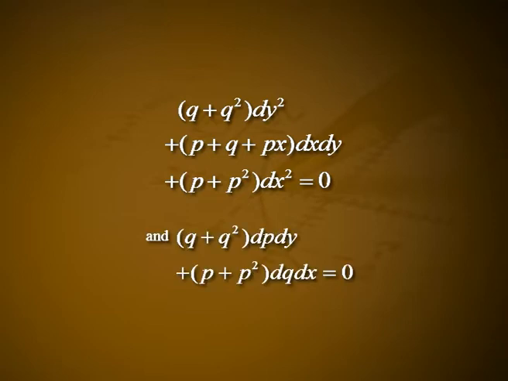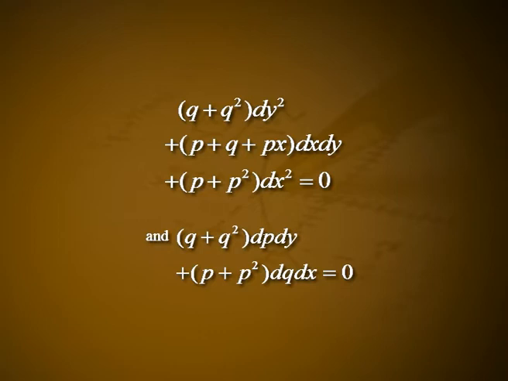Therefore, Monge's equations are (q plus q square) into dy square plus (p plus q plus 2pq) into dx dy plus (p square plus p) into dx square is equal to 0. Let it be equation number 1. And (q plus q square) into dp dy plus (p square plus p) into dq dx is equal to 0.